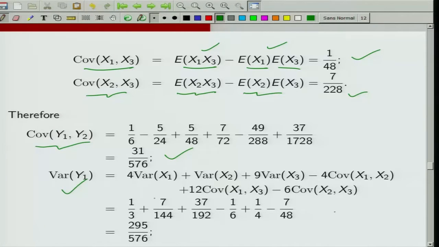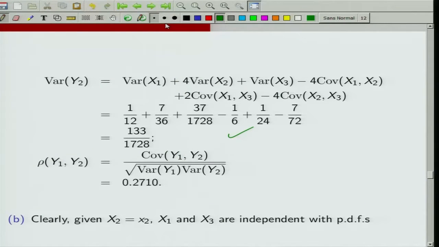Variance of y1 you get as 295 upon 576. Similarly, for variance of y2, you put various values of covariances and you get 133 upon 1728.